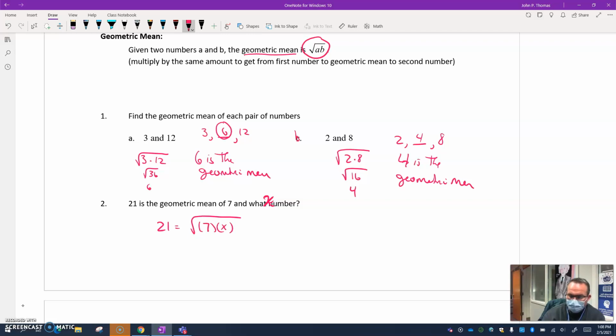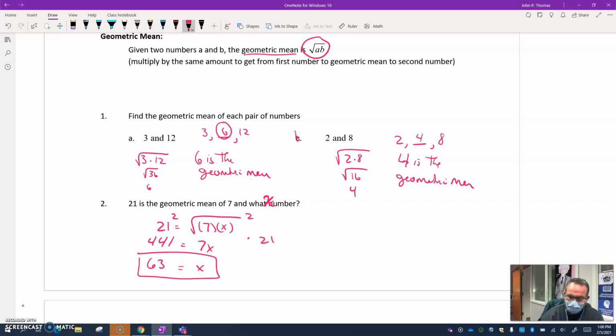All right, so I want to undo that square root, so I'm going to square both sides. All right, and if I grab a calculator here, I've got 21 times 21, or 21 squared, and that's 441, equals 7x, and then I divide 441 by 7, and I get 63. So this would be 63 is the other number.